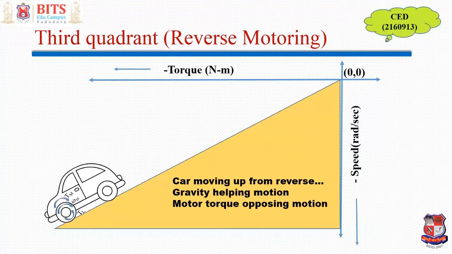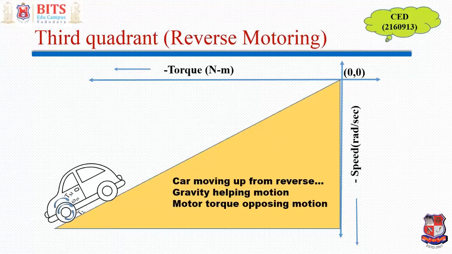Now, the third quadrant. The third quadrant is the situation when I want to move in the reverse direction. So compared to my forward direction of rotation, now my motor is moving in the opposite direction. So I'll consider it as opposite or minus speed. And as torque is also supporting the minus speed, it is minus torque. So here the torque is not braking, but it is negative to support negative speed.